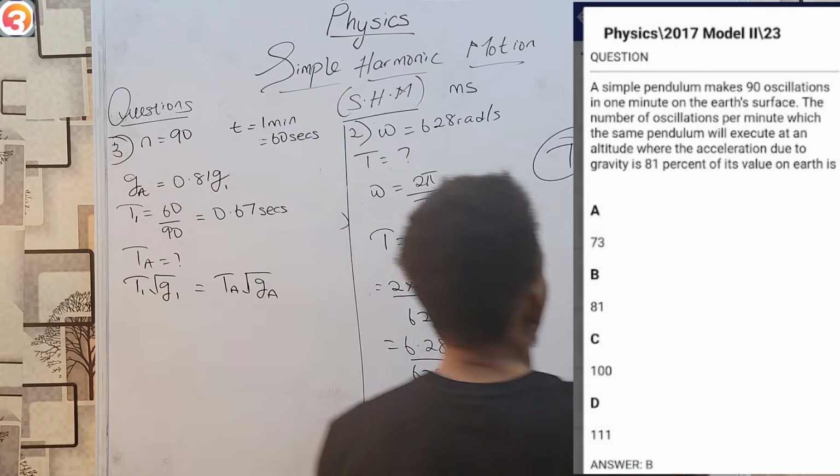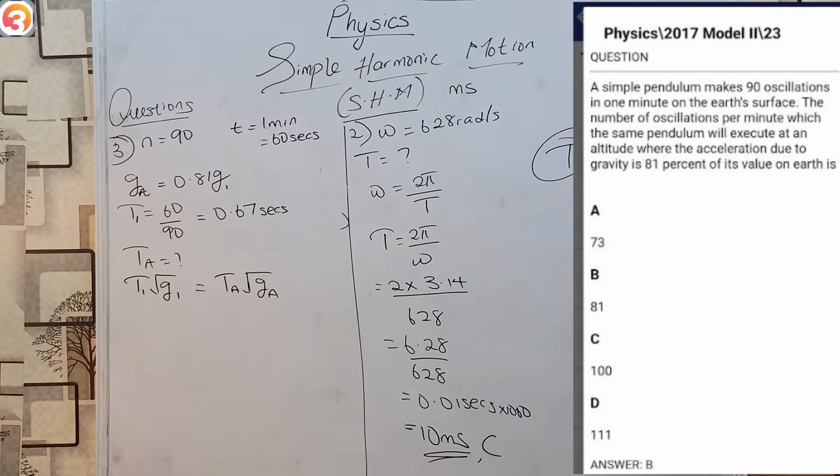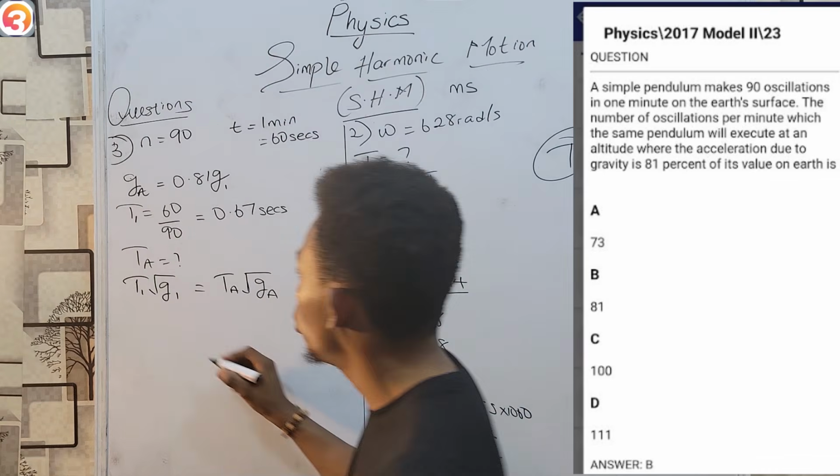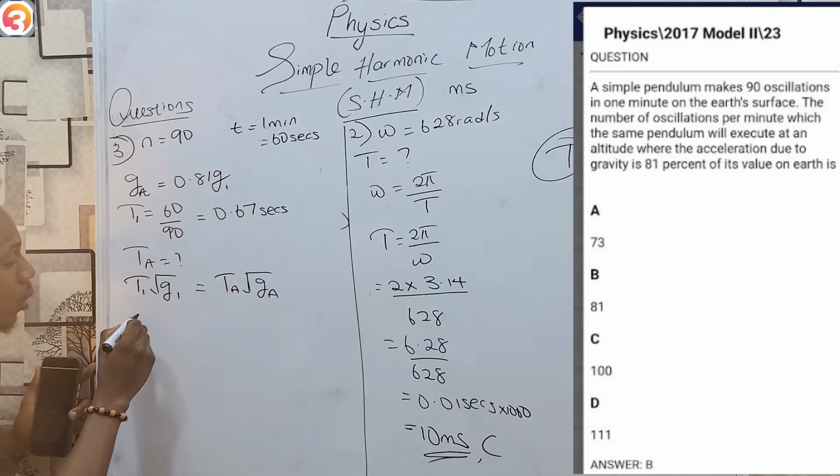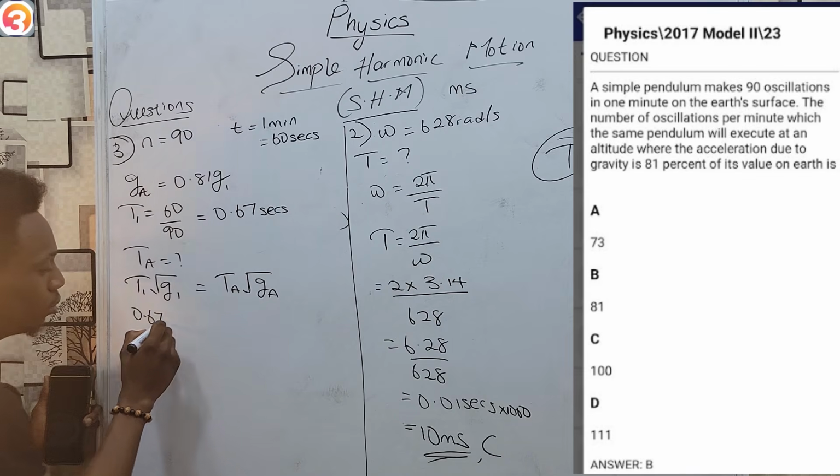Because as you can see from here, if I cross multiply, my constant K is T square root of G. That means any period, and the square root of its gravity should always give me the same value.